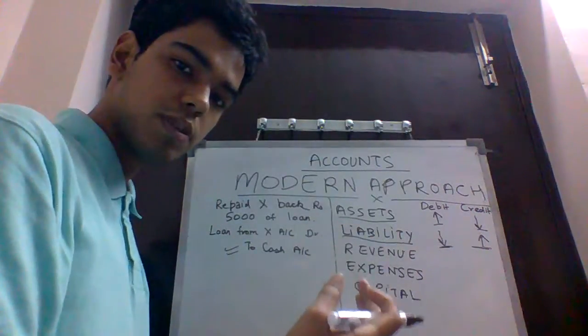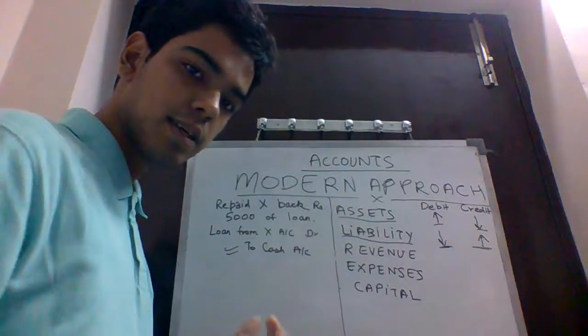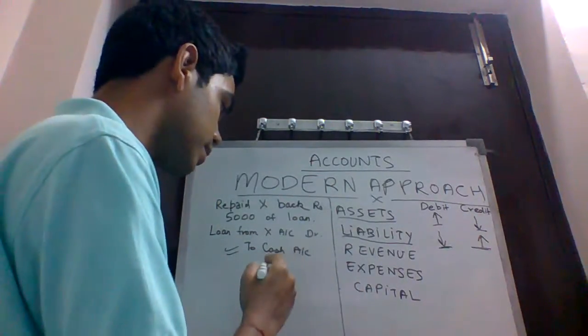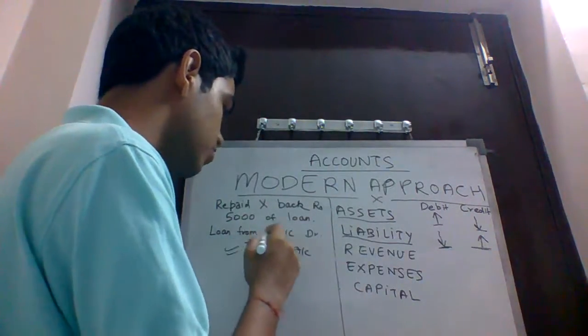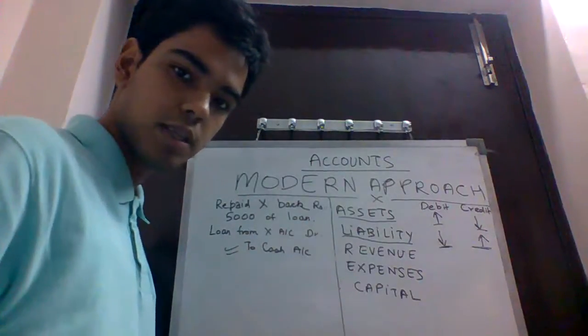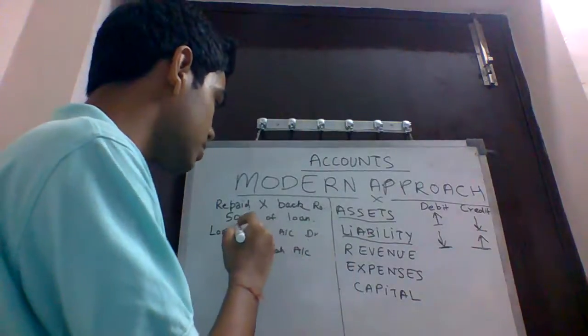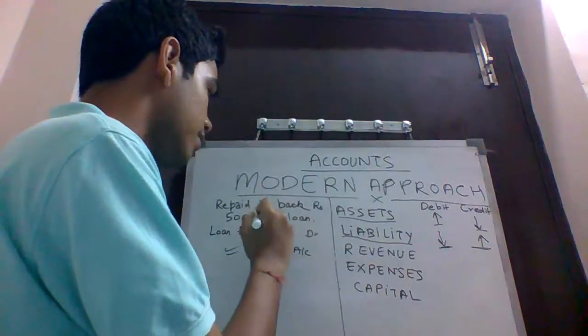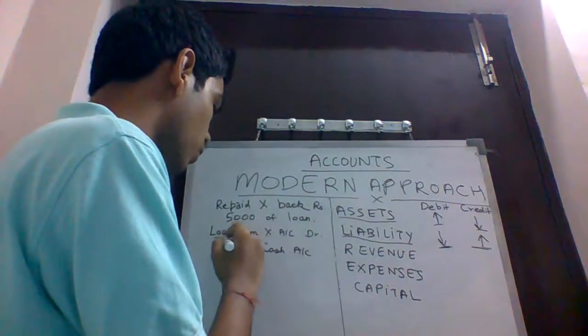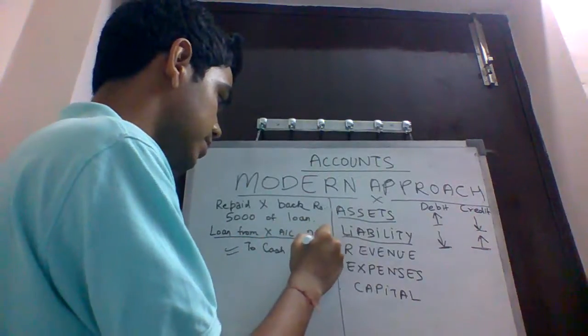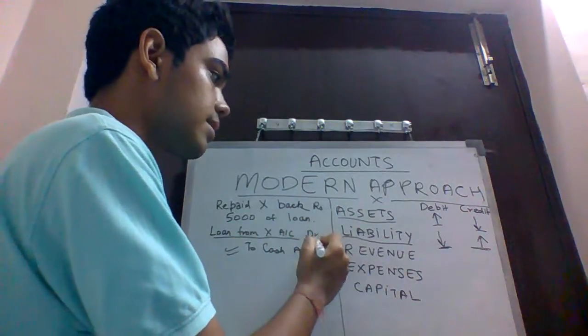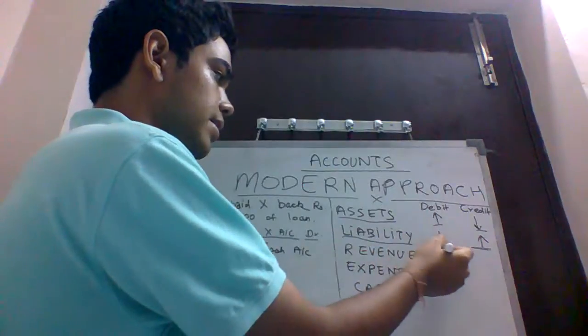So the loan from X which was credited in the earlier transaction should be debited because I have repaid X back rupees 5,000 worth of loan.